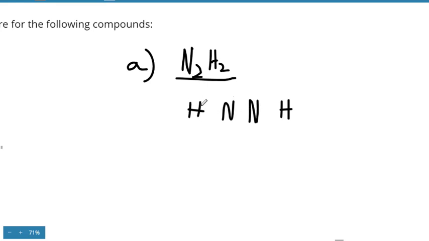So for H, for example, we'd have 2, and for N, we'd have 8. So anything other than H pretty much is 8, and then H is 2. So we have 2 H's, so that's 4. Then we have 2 N's, which is 16. So 16 plus 4 is 20. We can write that down. This is the want.